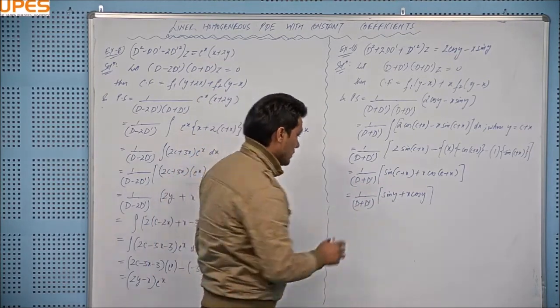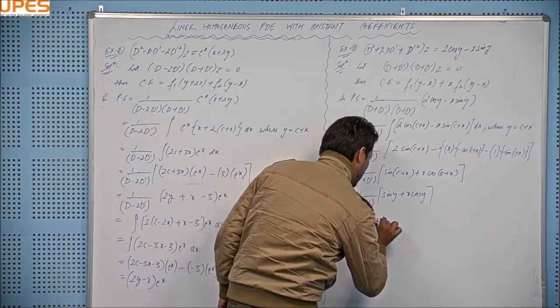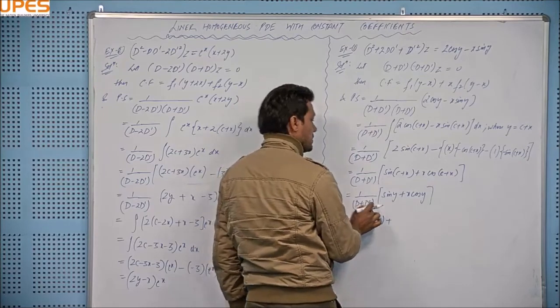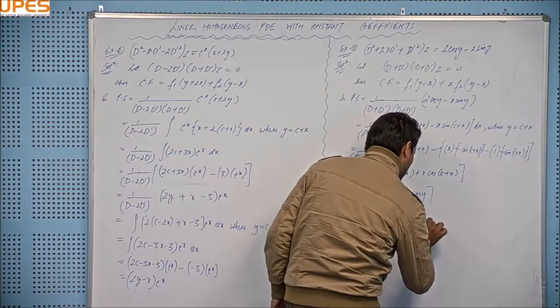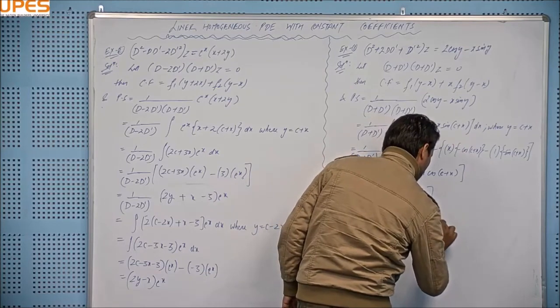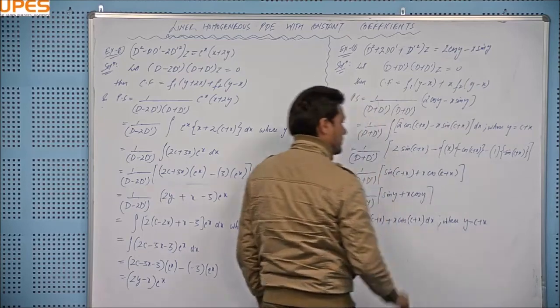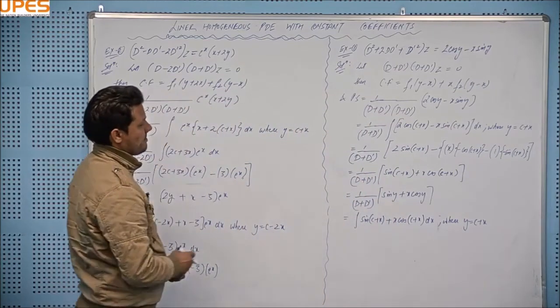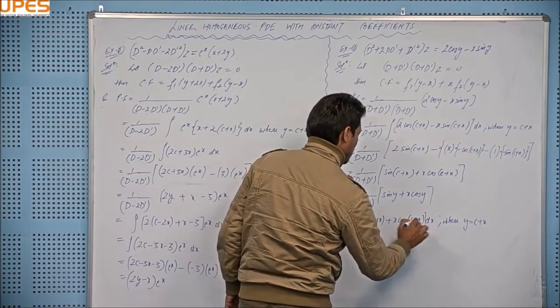Then again the same thing: integration of sin(c plus x) plus, again because the factor is repeated, x cos(c plus x) dx, where y is equal to c plus x again this time. Now apply integration. I have to put a bracket here.